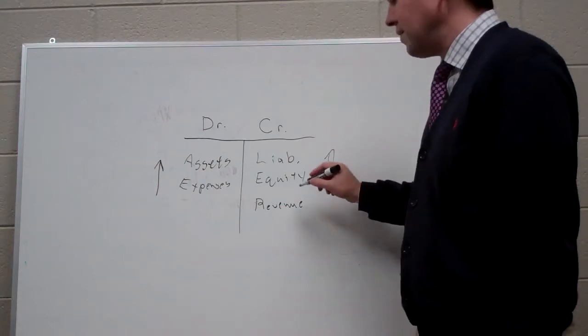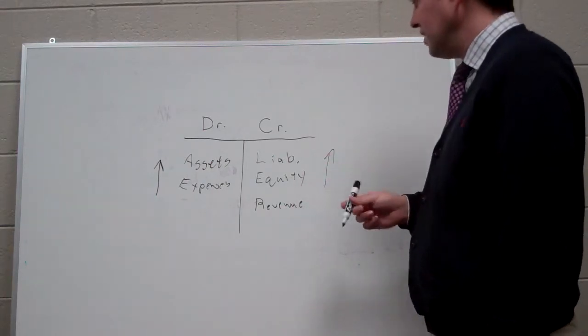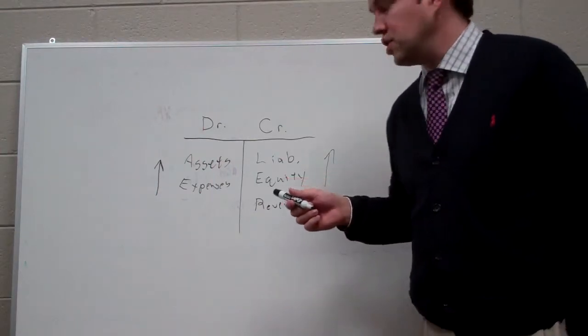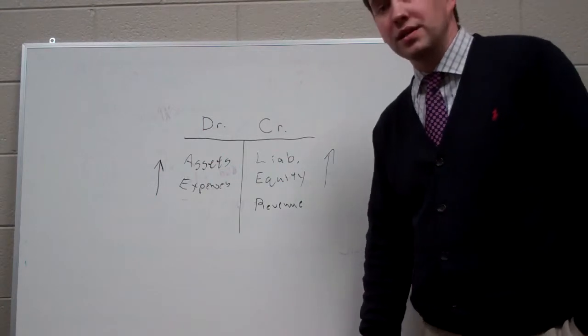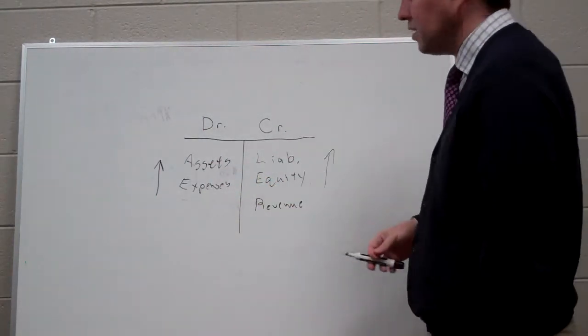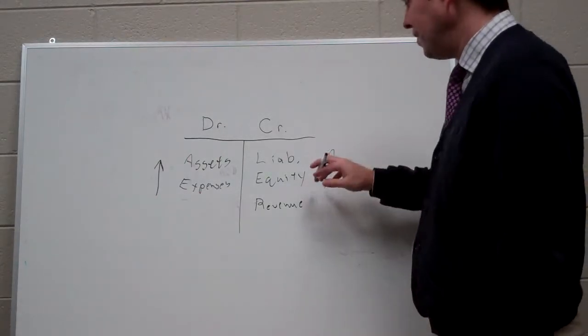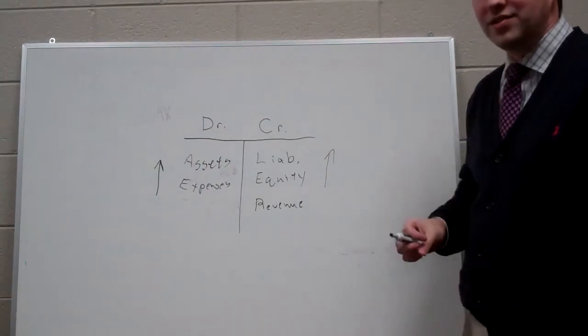That credit is to revenue because revenue increases on the credit side. So along with that accounting equation, these normal balances are something you really need to learn. Assets and expenses increase on the debit side, the left side. Liabilities, equity, and revenue, they increase on the right side, the credit side.